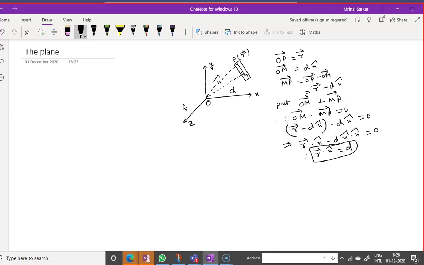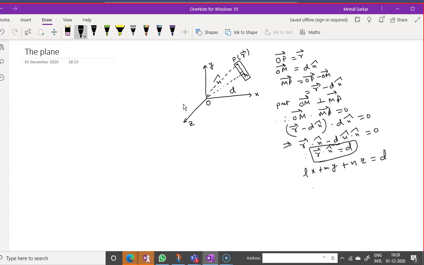Scalarly we can get this by taking r equal to xi plus yj plus zk, and n vector along li plus mj plus nk. We can write lx plus my plus nz is equal to d. This n is different from that. I am writing d here because the same symbol will be used.